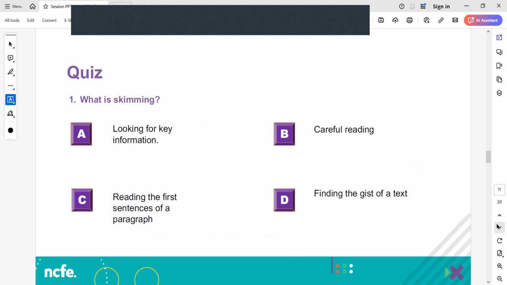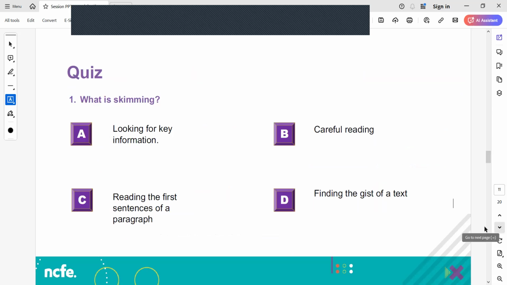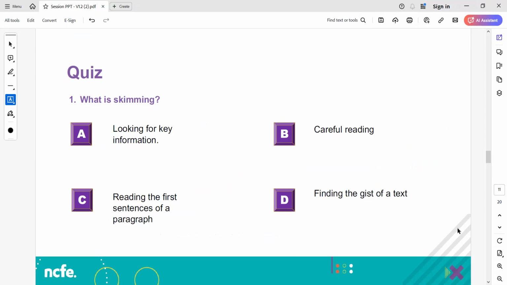Okay, so any questions about what we have covered today? Right, let's check our understanding. So, what is skimming? Looking for key information, careful reading, reading the first sentence of a paragraph, or finding the gist of a text?